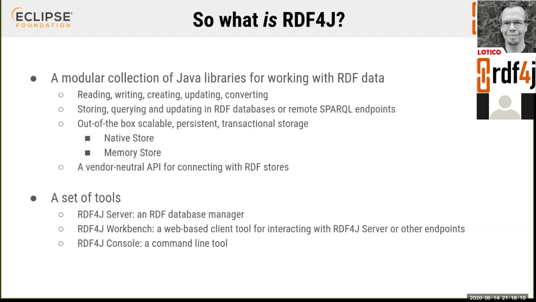So it's a set of APIs, a set of Maven modules that you can use in your own software application project, with functional libraries that allow you to do things like reading, writing, creating, updating, converting between all these different syntax formats, storing data in a database, doing SPARQL queries, updates, working with remote SPARQL endpoints. It offers some out-of-the-box transactional storage, in particular the native store and the memory store.